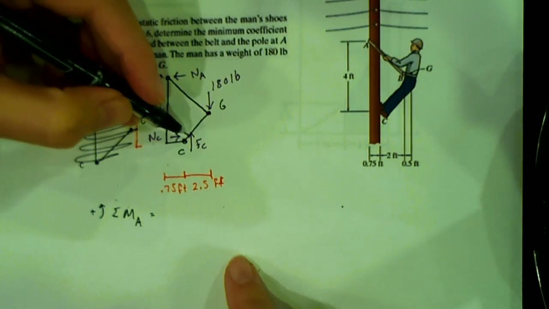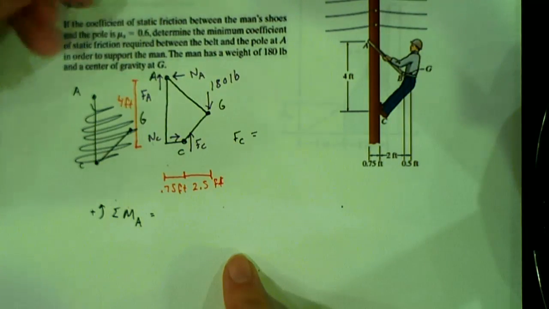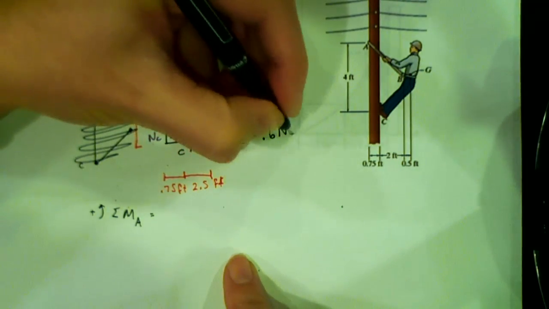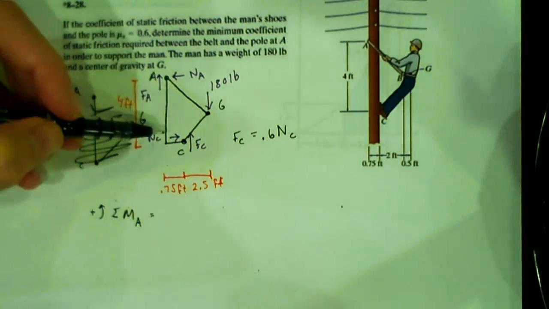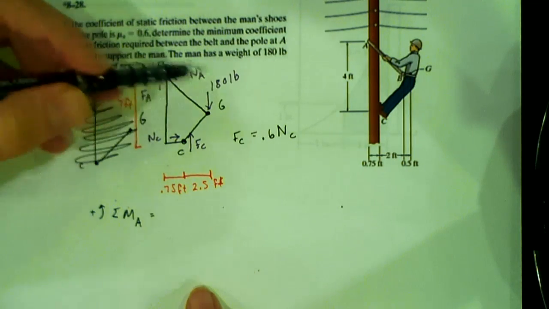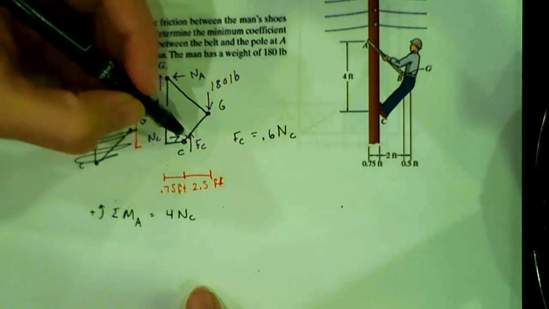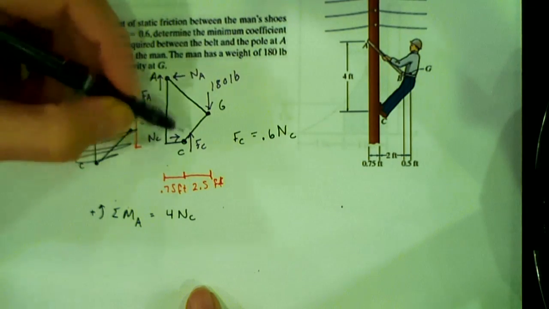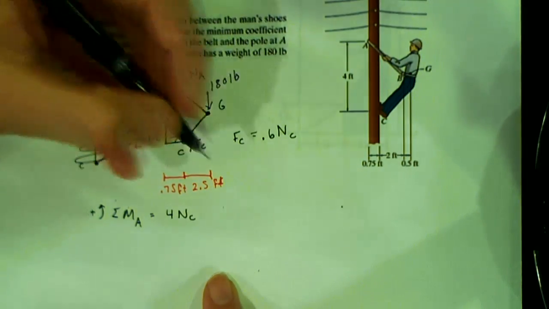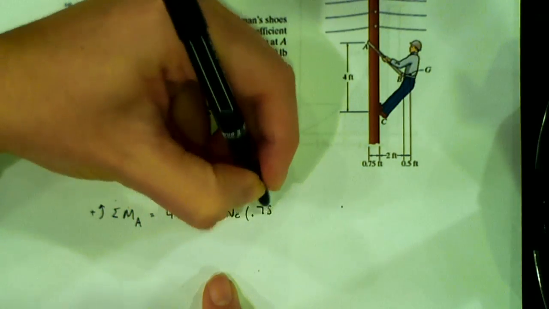let's see, we have force of friction right here. So I can say that FC, the force of friction at C, they tell us that mu S is equal to 0.6. So this is 0.6 times the normal at C. Solving for this, I have my normal at C times 4. That's positive. Then I have the frictional force times 0.75, and that is also positive, so plus 0.6 times NC times 0.75.